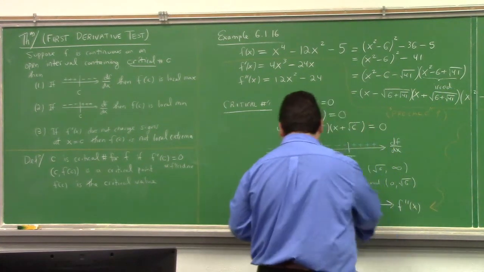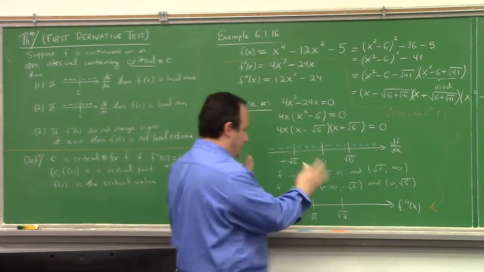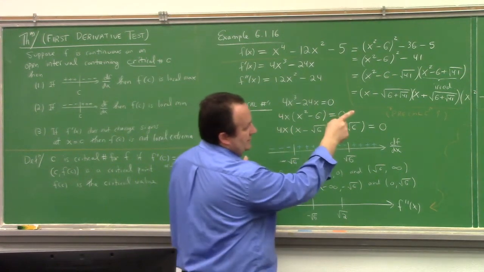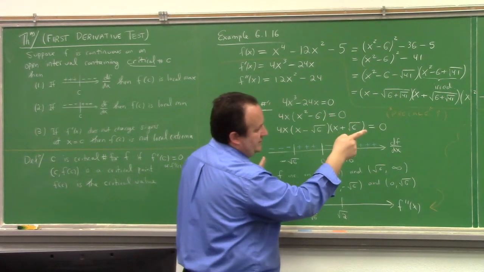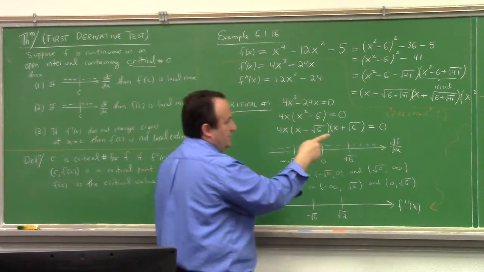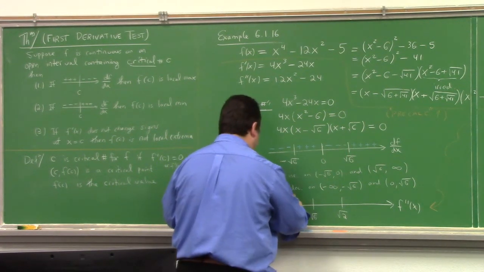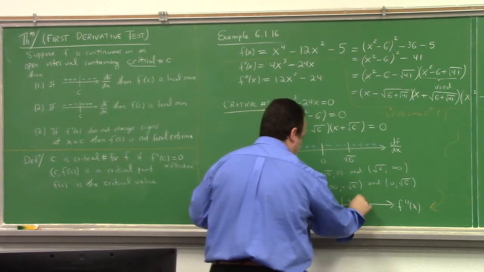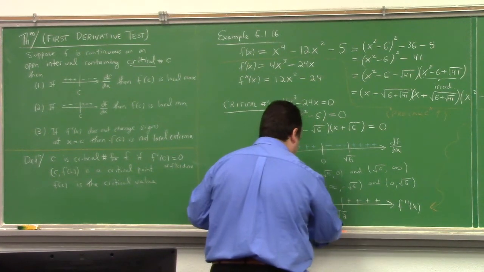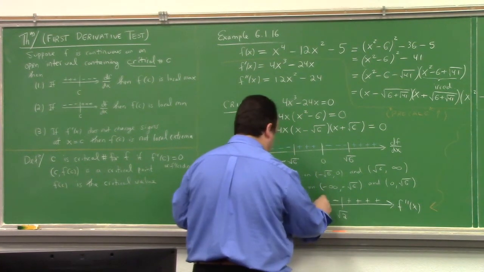All right. So, okay, great. 12x squared minus 24 is going to be positive here and here, and it's going to be negative in the middle.